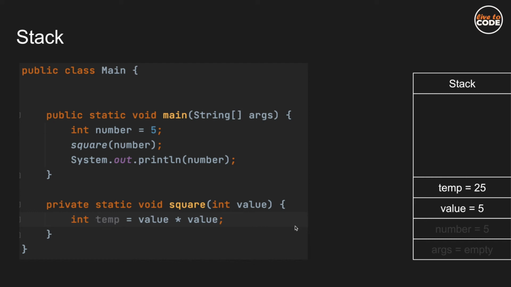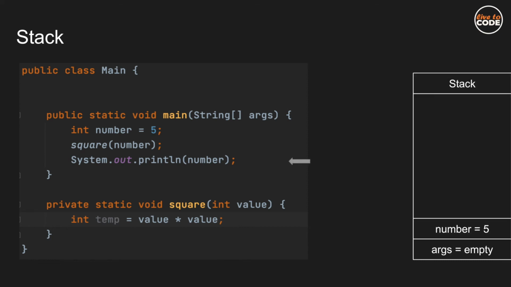When I execute the next line, we come to the end of the function. Whenever we reach the closing curly brace, the scoped variables will be popped out from the stack. Inside the square function we have value as well as temp, which were recently pushed into the stack. Both will be popped out from the stack.